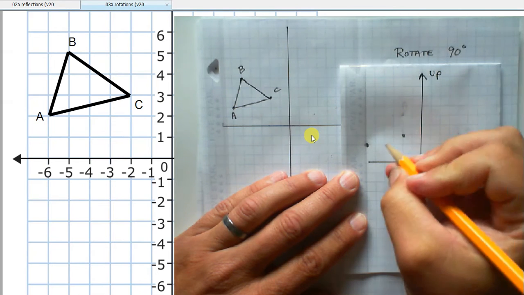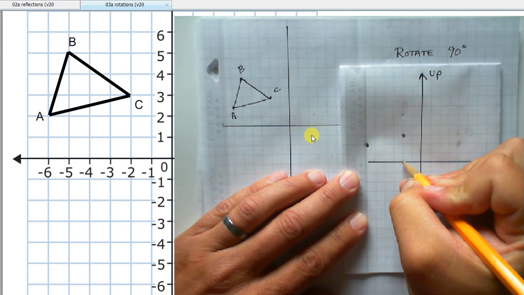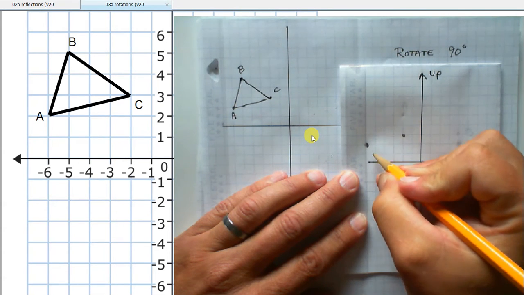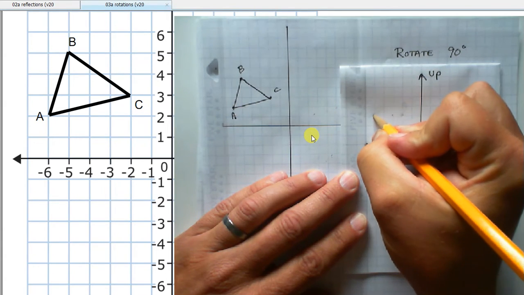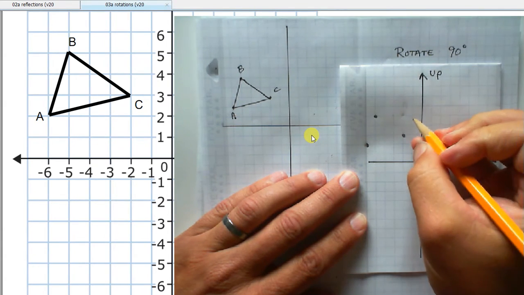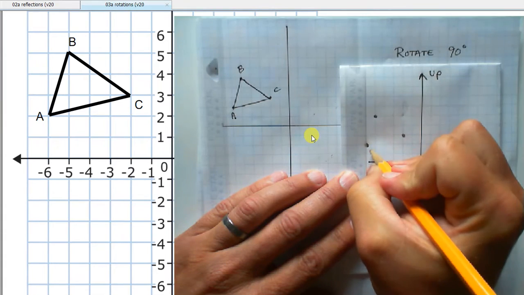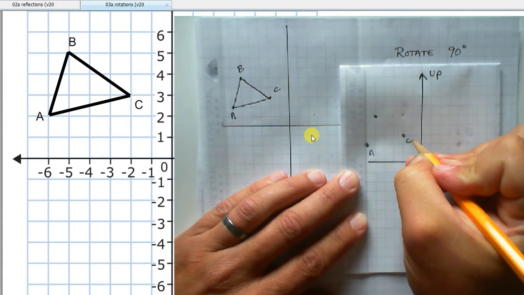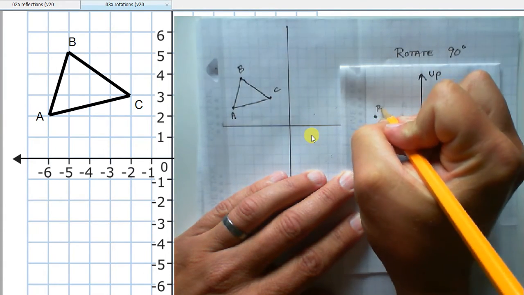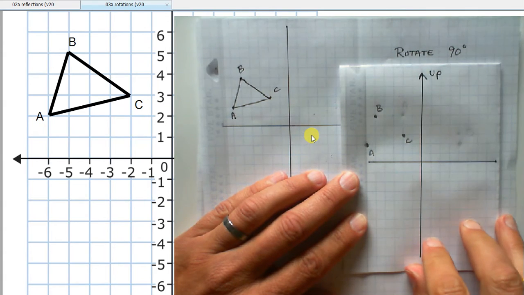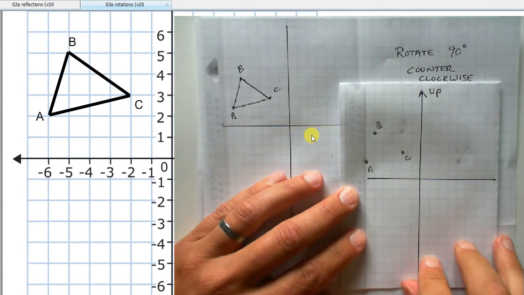And -5, 5. So that's A, C, B. Now I'm ready for my rotation. Rotate 90 degrees counterclockwise.